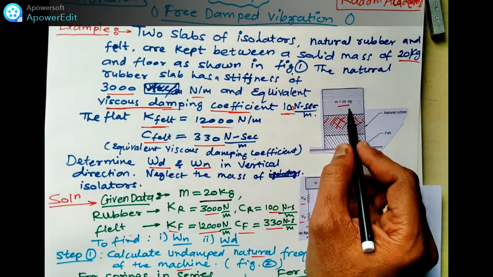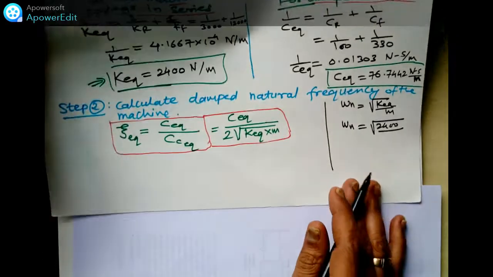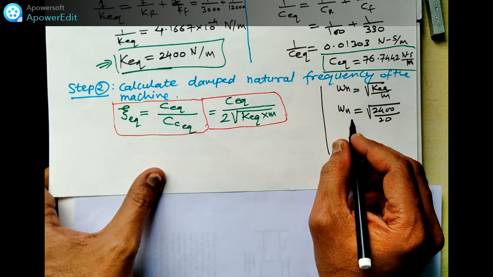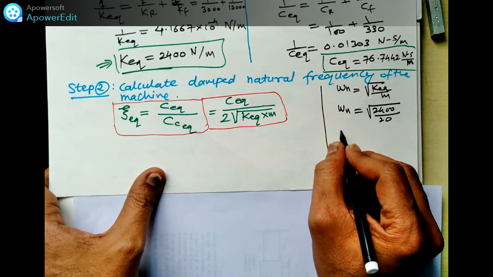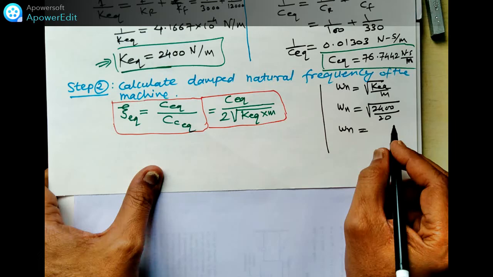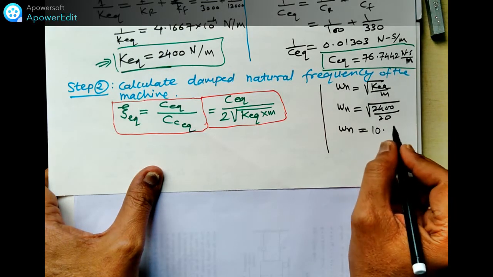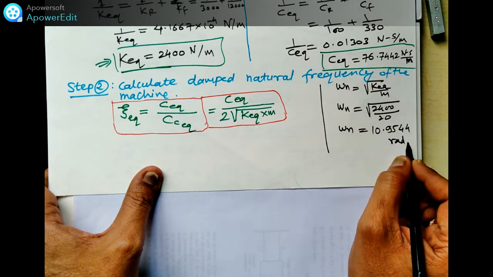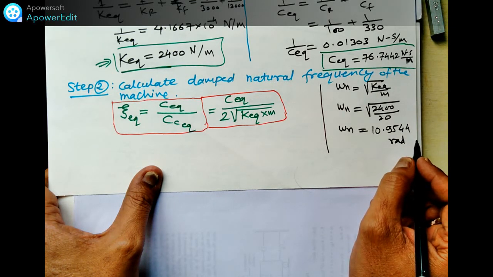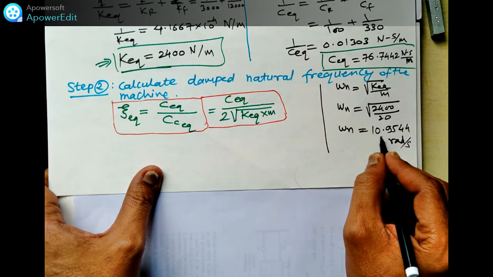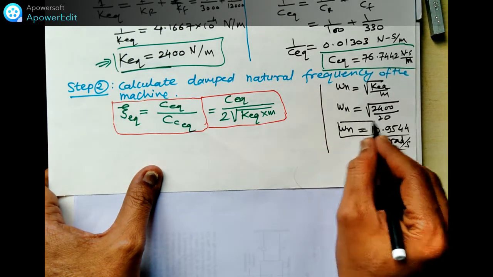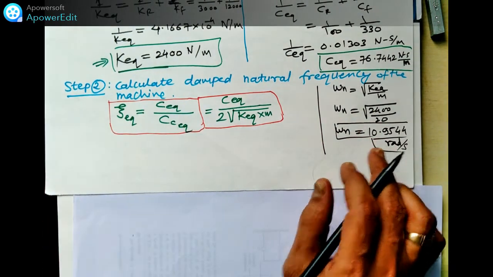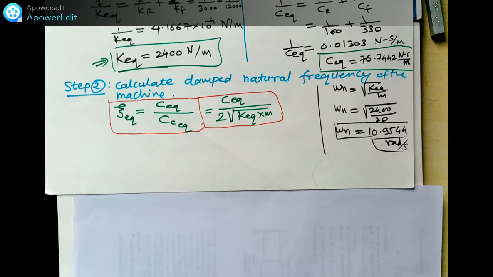From this, omega n is 10.9544 radian per second.